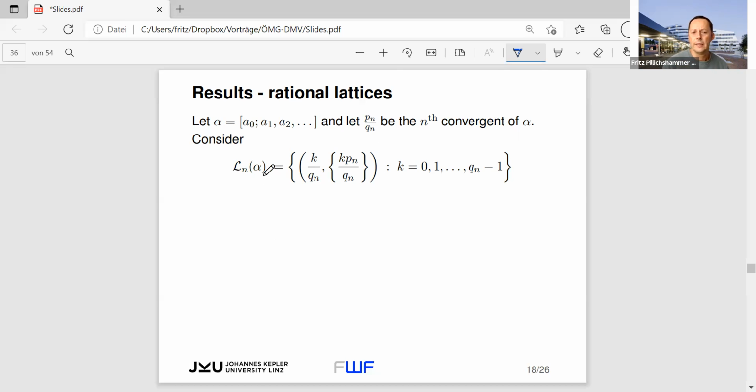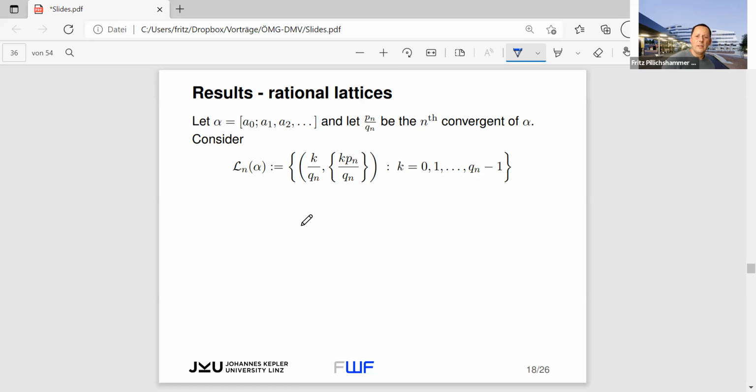And the lattices L and alpha are now defined as the point set that you can see here. They consist of Qn points, where Qn is the denominator of the convergent. And the kth point is k over Qn in the first coordinate and the fractional part of k times this convergent in the second coordinate.